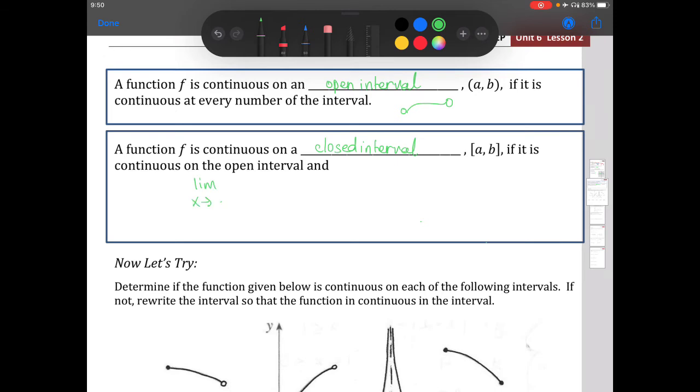The limit as x approaches a from the right of f of x is equal to f of a, and the limit as x approaches b from the left of f of x equals f of b. So if this is the same, then it is continuous, right? So what does the closed interval mean? Meaning, let's write that down, endpoints are included. That's what the closed interval means.